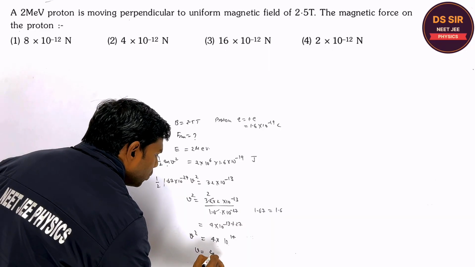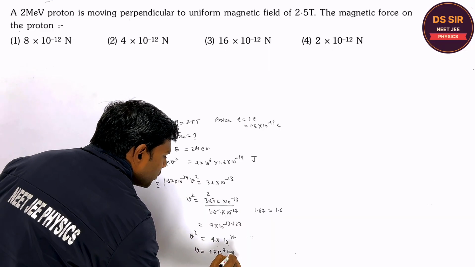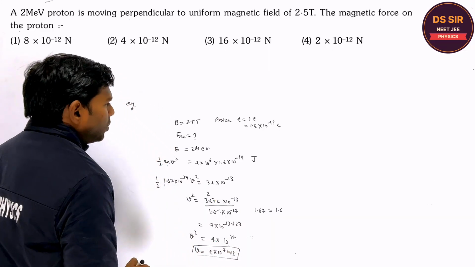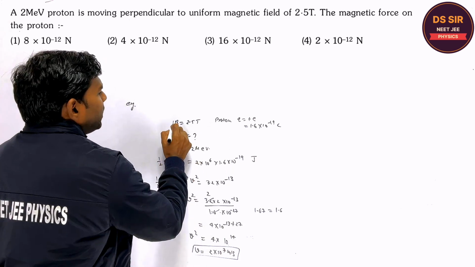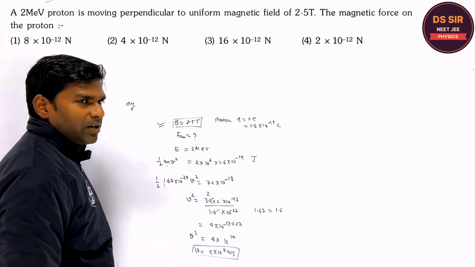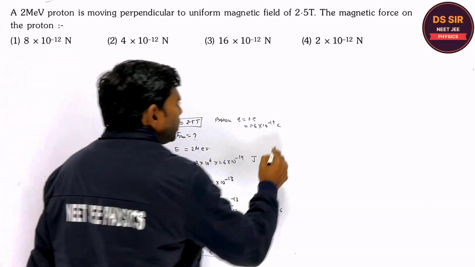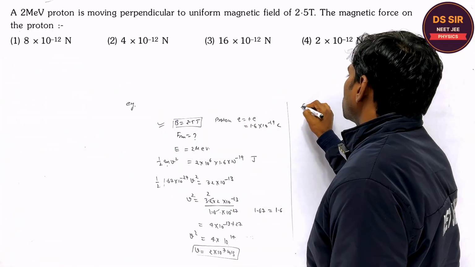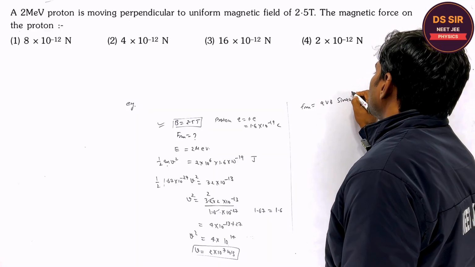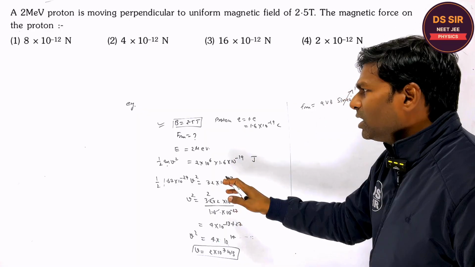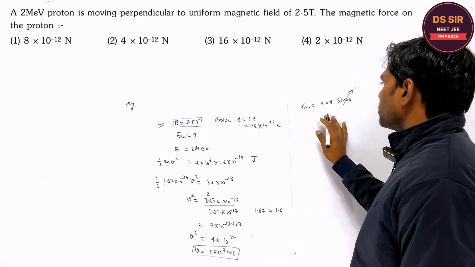If you take the square root, 2 into 10 to the power 7 meter per second is the speed of the proton moving in this magnetic field. The perpendicular magnetic field is given as 2.5 Tesla. Now how do we find the magnetic force? Say qvB sine 90, right? Sine 90 is 1 because the magnetic field is perpendicular to the moving charged particle.